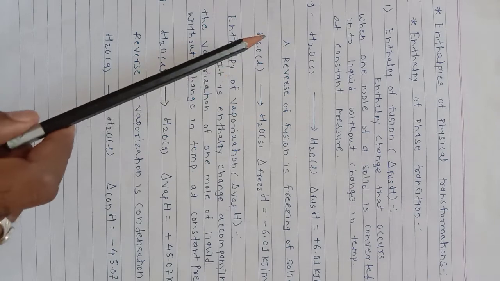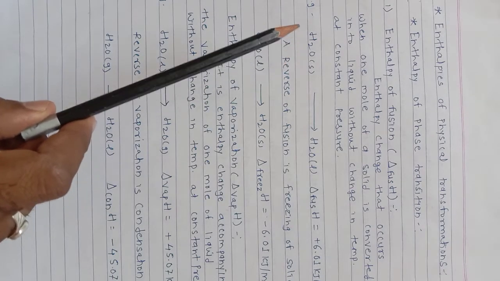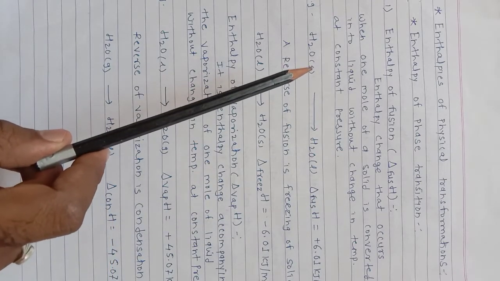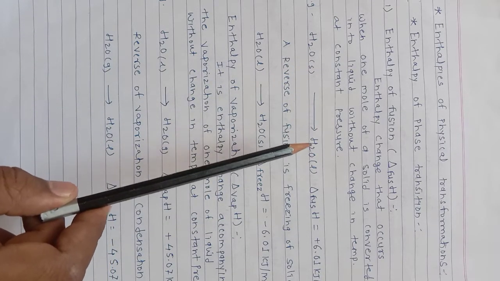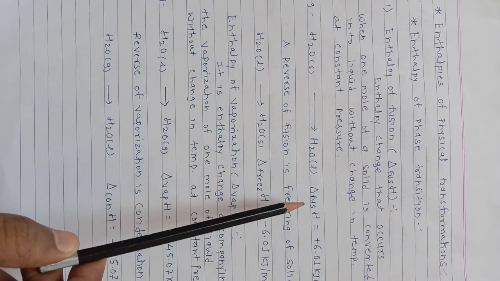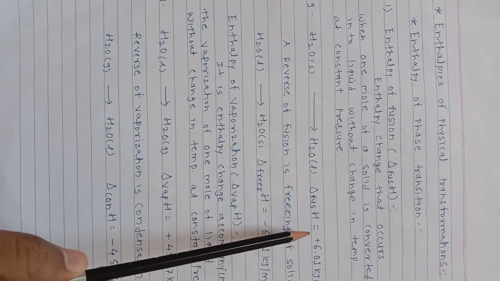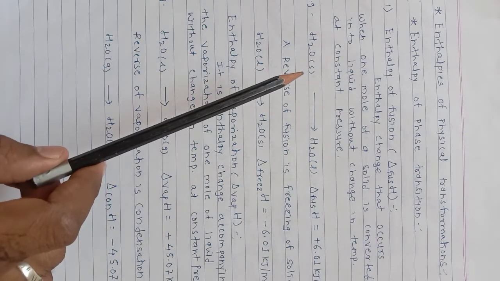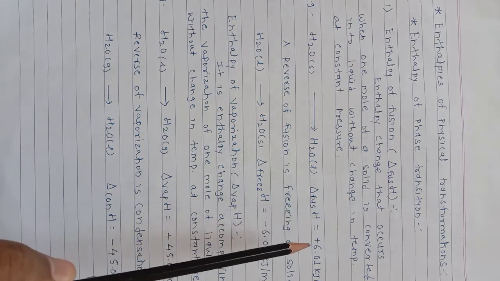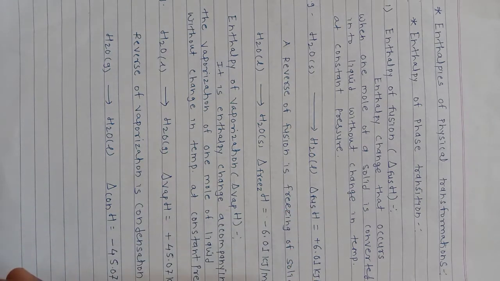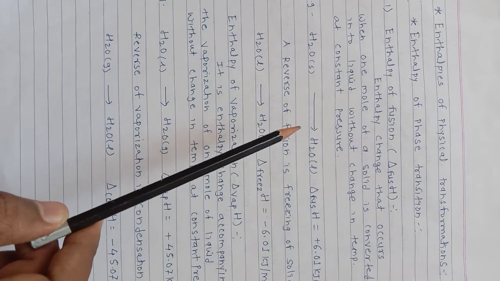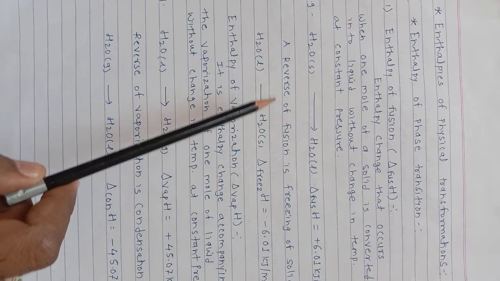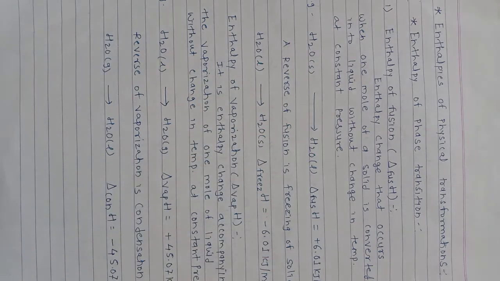For example, water occurs in three states: solid, liquid and gas. H2O solid, that is ice, is converted into H2O liquid. Delta fus H requires plus 6.01 kilojoule energy. The reverse of fusion, where liquid is converted to solid, is called freezing.